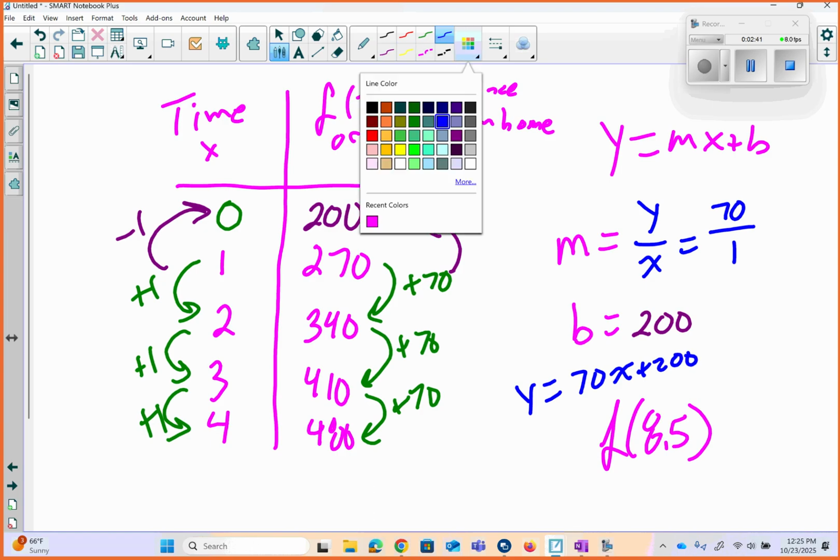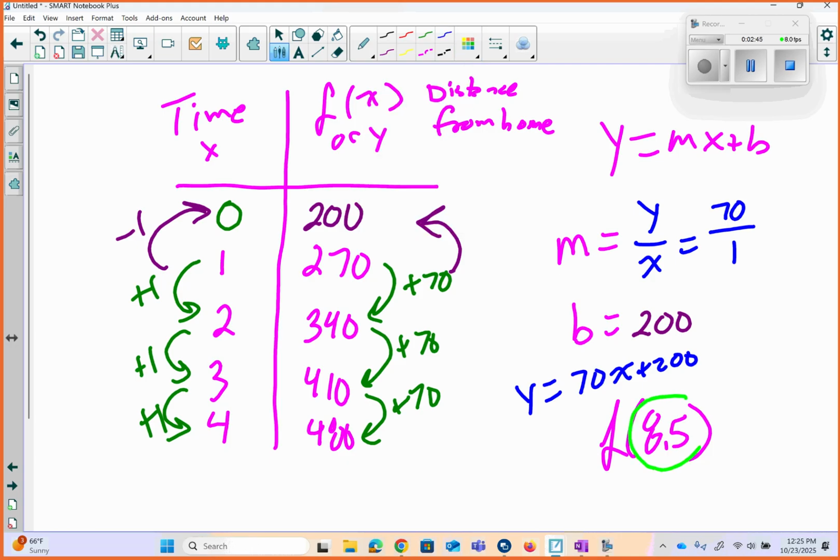All right. So what do you feel I should do with 8.5 to figure out what that would be? What should I do with my equation in blue with the 8.5? Plug it in for x.